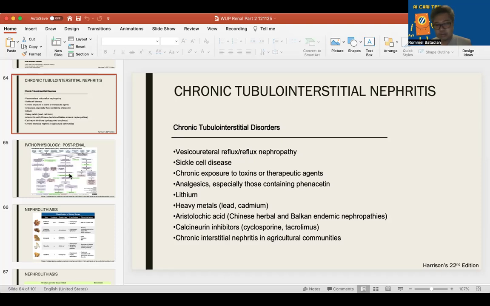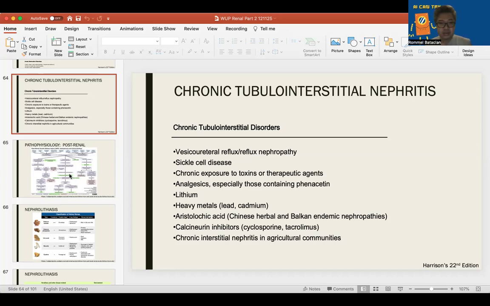Chronic urinary tract obstruction, vesicoureteral reflux, especially among the pediatric age group, sickle cell disease, Sjogren's disease, SLE, and certain chronic infections like recurrent UTIs and tuberculosis, HIV, and multiple myeloma are other causes of CTIN.